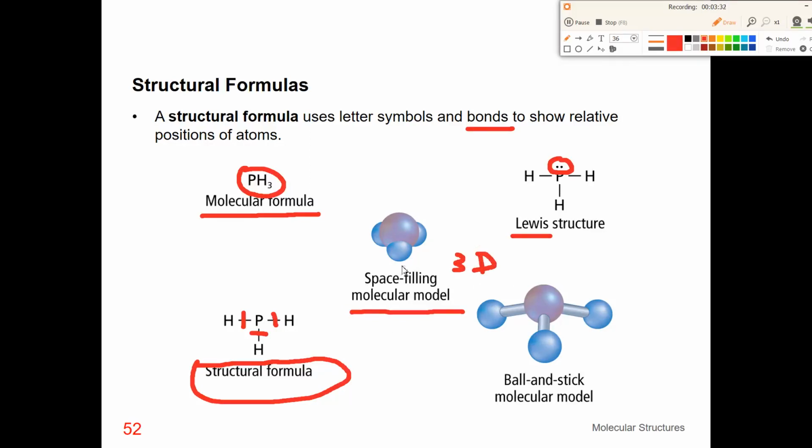One is space filling, which I don't use much. I often use ball and stick. So the balls mean atoms. In this case, the terminal ones are hydrogen, this ball is phosphorus, and those sticks are bonds. Those sticks are the bonds in the structural formula.